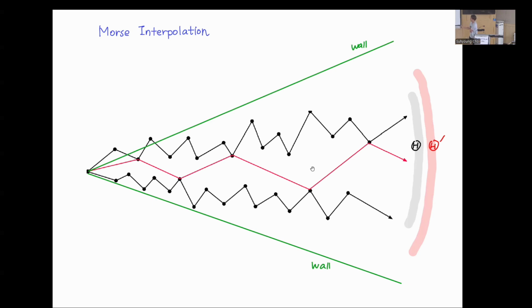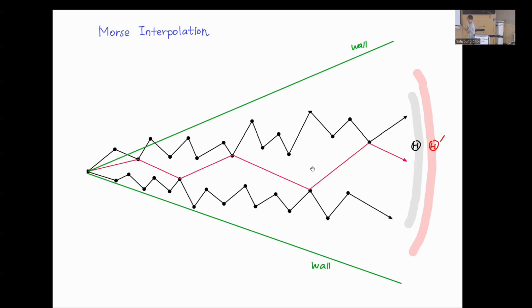So here is a picture. This is the wall, a singular direction in the higher rank symmetric space. So the Morse quasi-geodesic ray is some quasi-geodesic ray that stays uniformly linearly away from the wall.